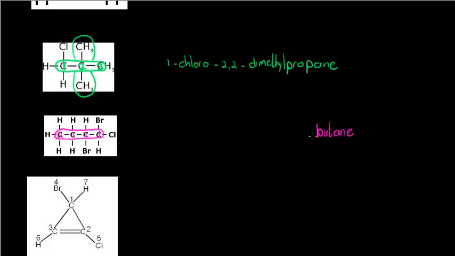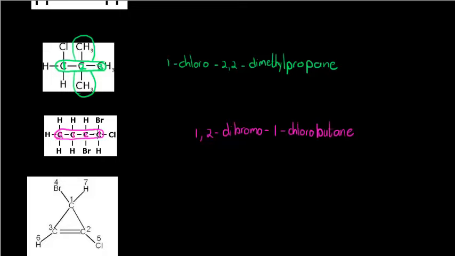Then I'll write bromo first, but because there's 2 bromines, it would be dibromo. And I will have 1 on carbon 1 and 1 on carbon 2, so it's 1,2-dibromo-1-chlorobutane.